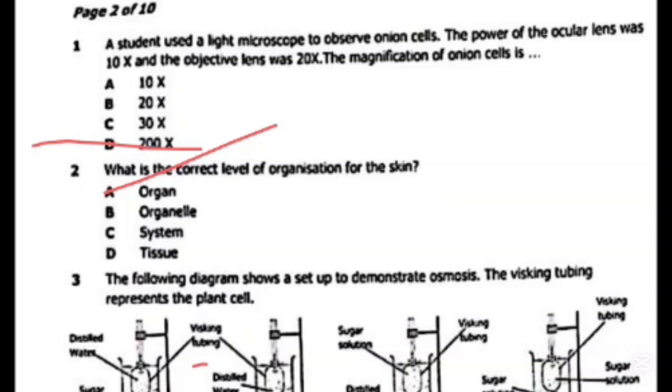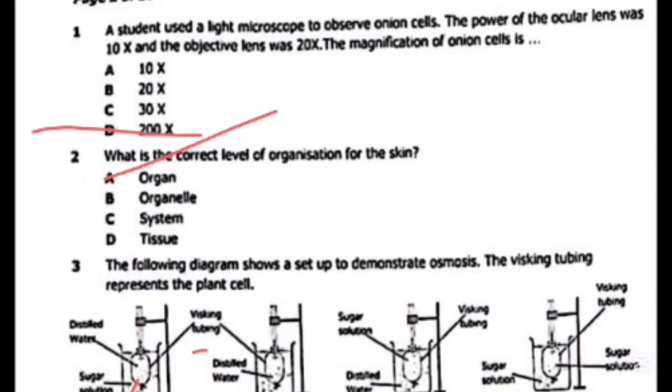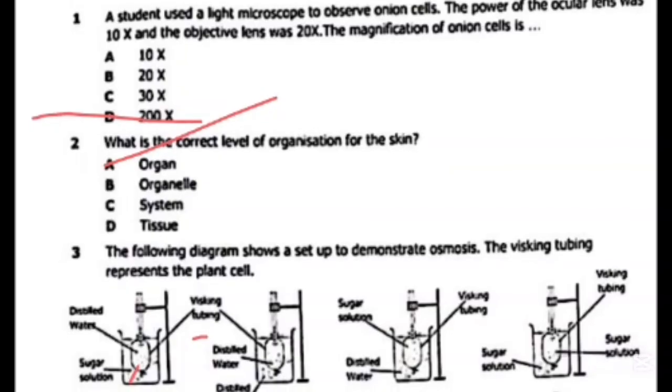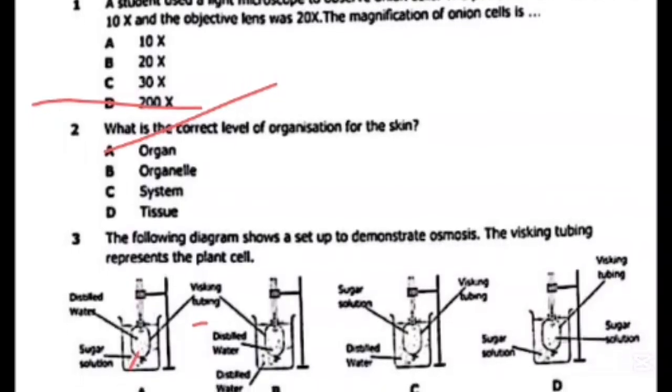Remember, plasmolysis, I said, is the shrinkage of the cell membrane away from the cell wall in plants when a plant is placed in hypertonic solution. Whenever a plant cell is placed in hypertonic solution, it shrinks away from the cell wall.